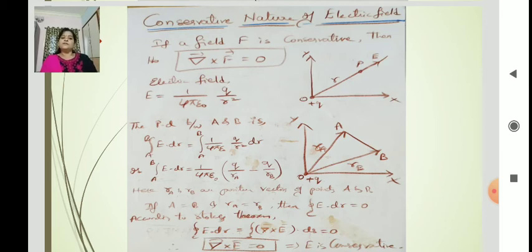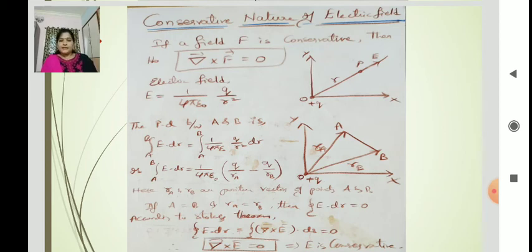The potential difference is shown to be equal to the integration from A to B of 1 by 4 pi epsilon naught q by r square dr. So the integration of E dot dr gives you the potential. If I assume the two points to be at one point, then there is no potential difference.